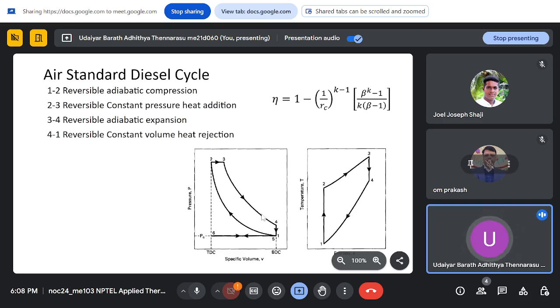The rest of the process will remain the same. In the previous case, the Otto cycle, the heat addition was at constant volume, at top dead center, when the piston is at top dead center. So in this case we are assuming that instead of constant volume, it is at constant pressure.